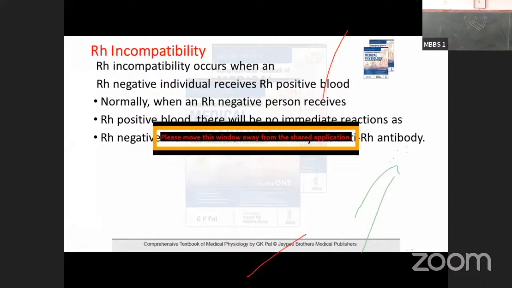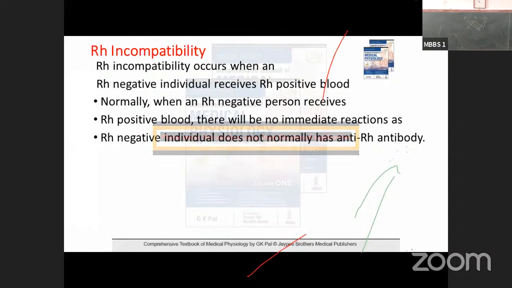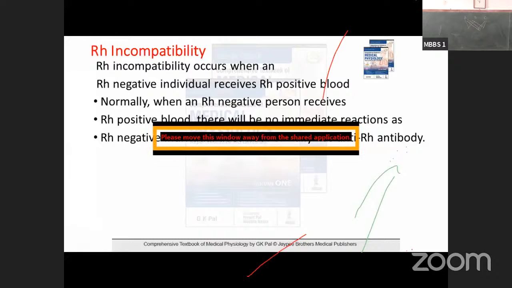Suppose an A blood group patient is transfused B blood group blood, there will be an immediate reaction. But Rh incompatibility is a late reaction. So the first time you transfuse an Rh negative person with Rh positive blood, there is no damage. The person will not be harmed.